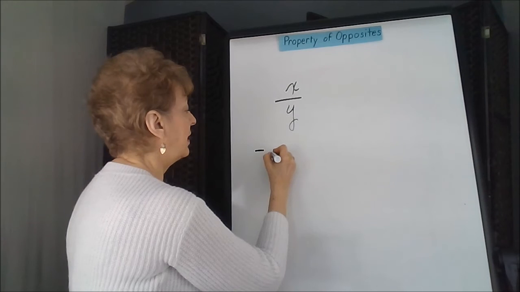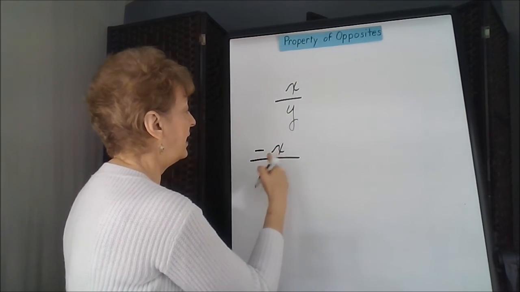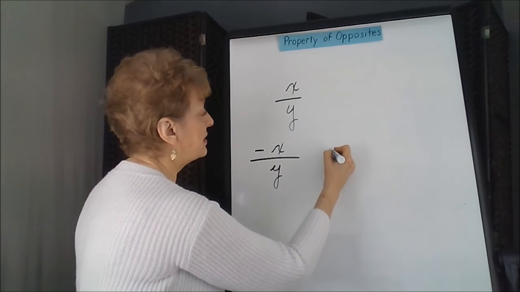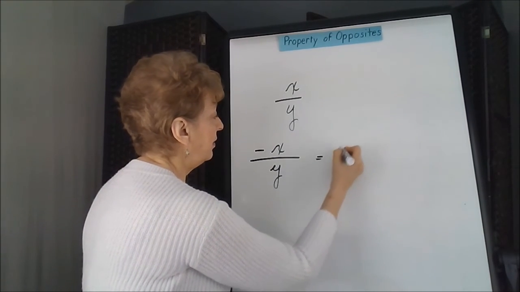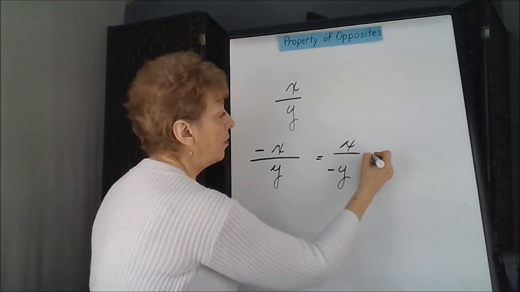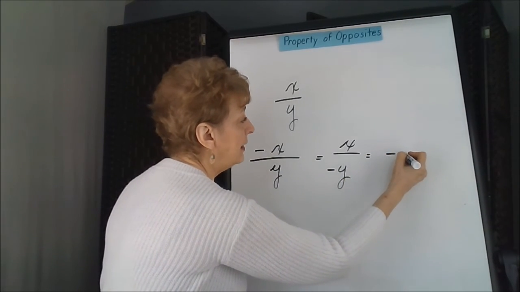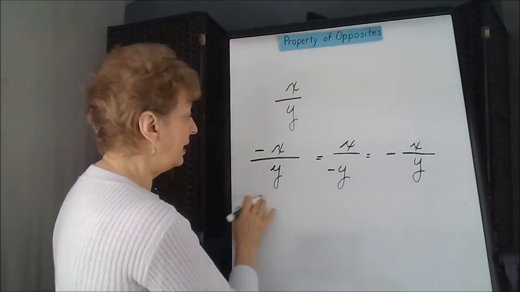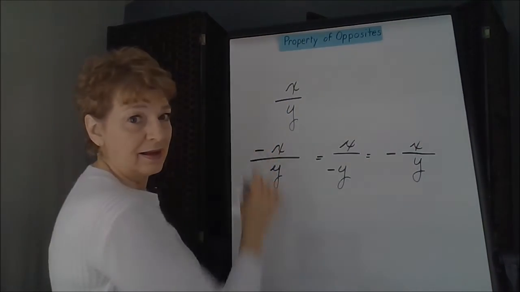We could have our negative sign in the numerator. We could have our negative sign in the denominator. Or we could have our negative sign right in the middle. This all means the opposite of that.